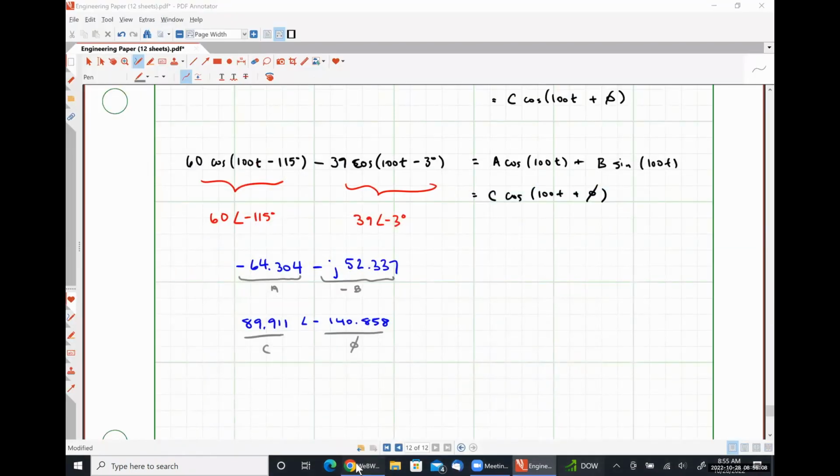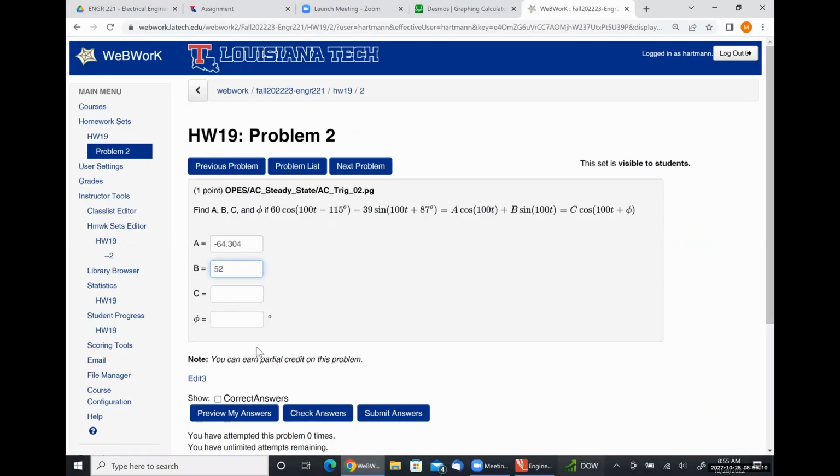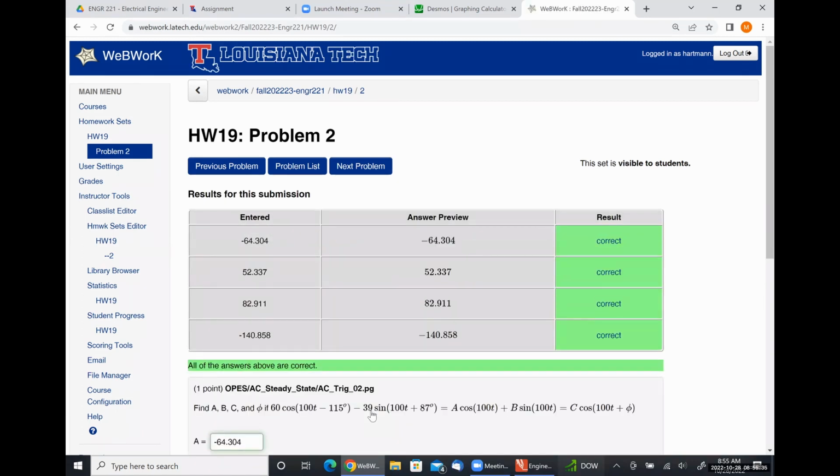B should be positive 52.337. C should be 82.910 or 911. And phi should be negative 140.858. No trig involved. 45-minute problem just got knocked down to 2-minute stops because complex numbers are legit.